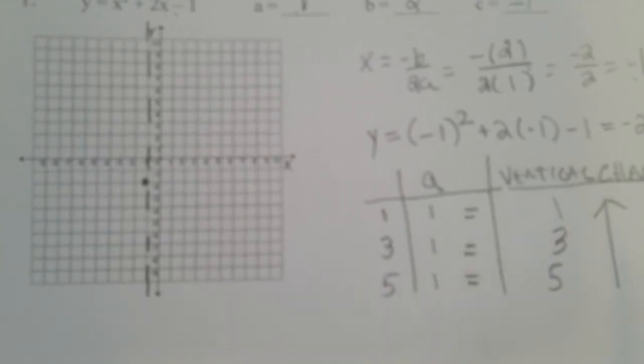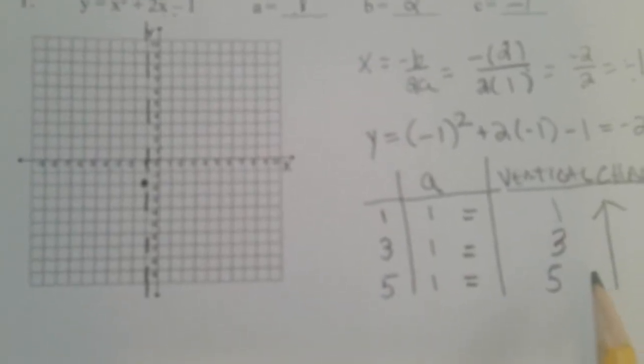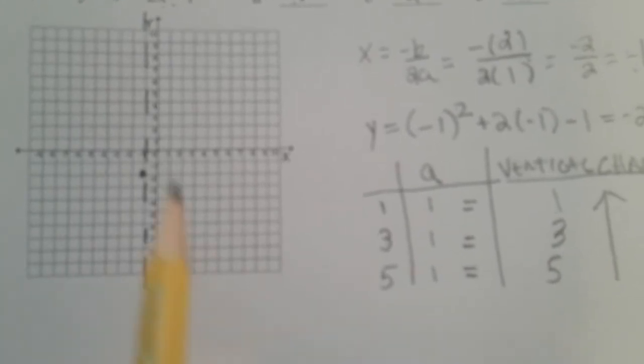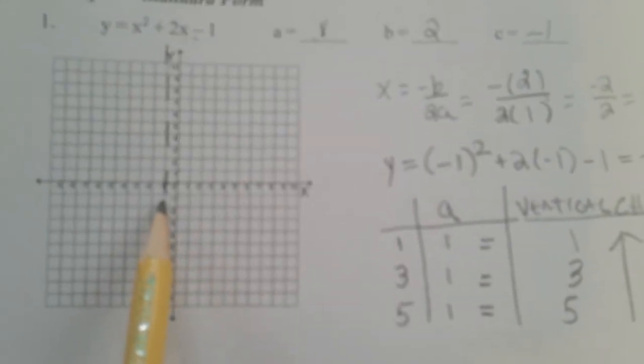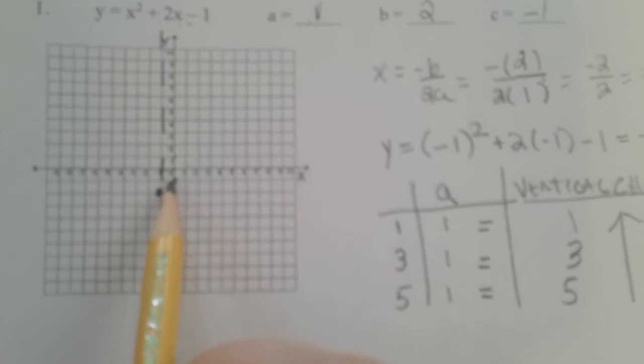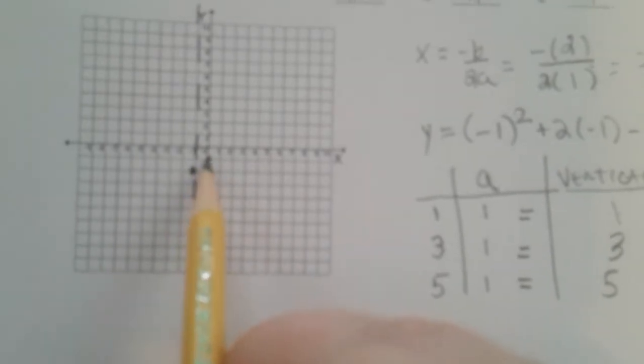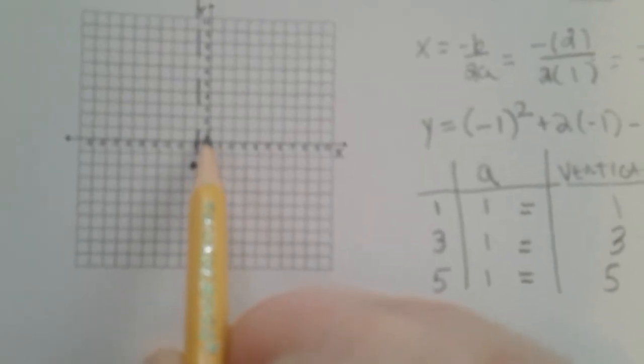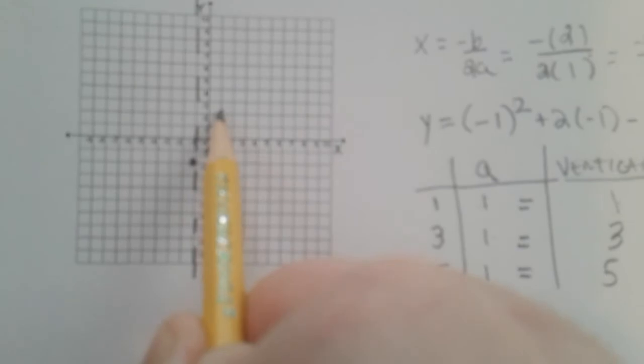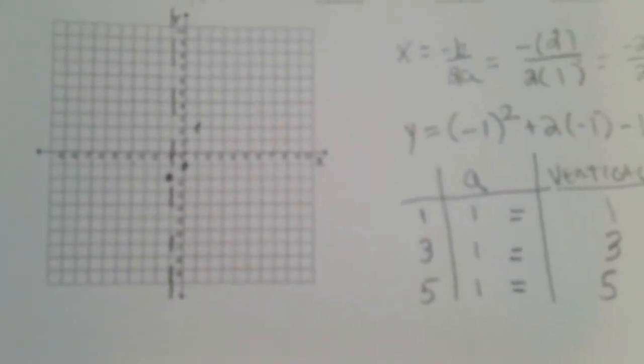The horizontal change is always 1. Always, always, always 1. So I'm going to come over to the graph and go up 1. There's my first one. Now I see +3. So not from the original point, but from the second point, I'm going to go up 1, 2, 3, over 1. I've got now 2 points on the right-hand side.